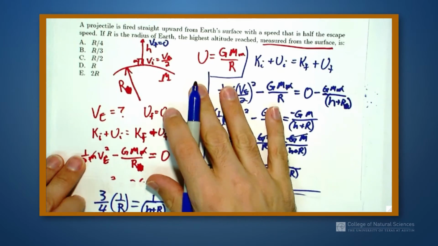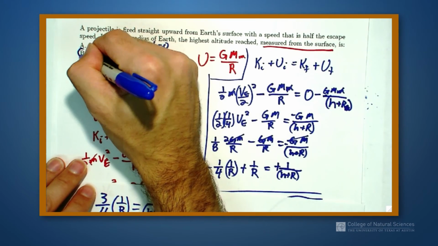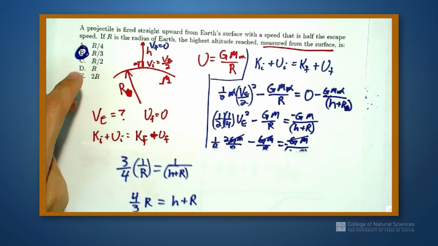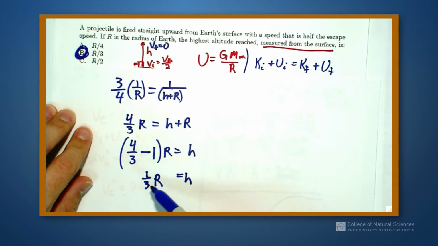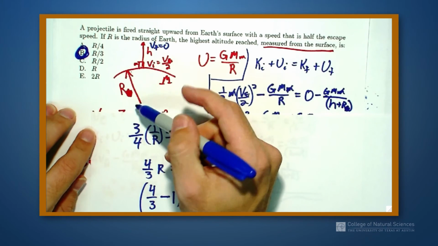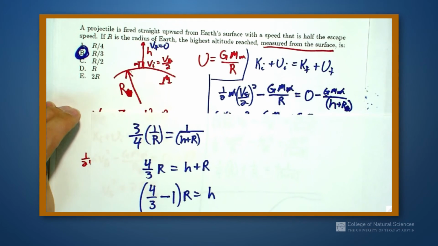If I look back at my original page, I get my value, 1/3 the radius R above the Earth's surface. So back to my picture, my H is 1/3 R above it.